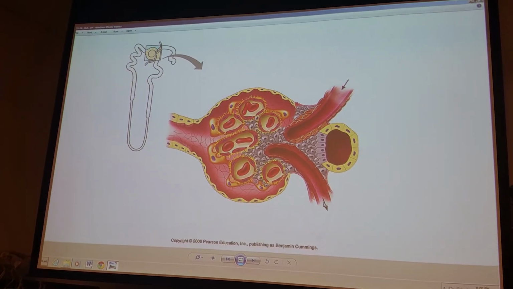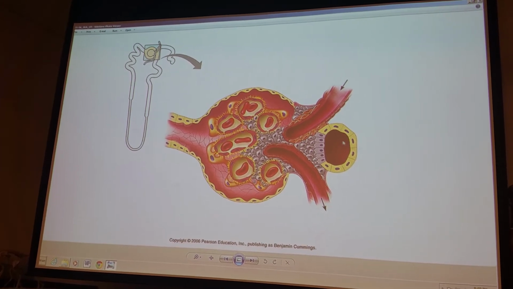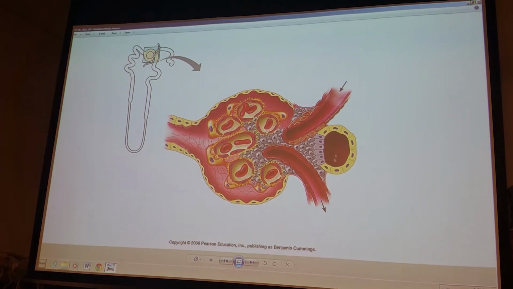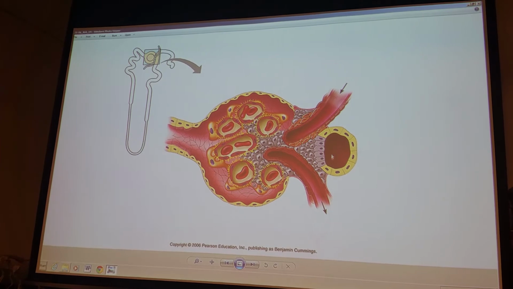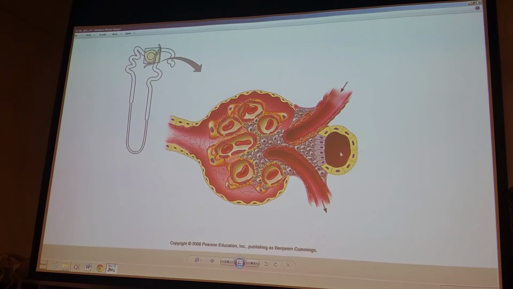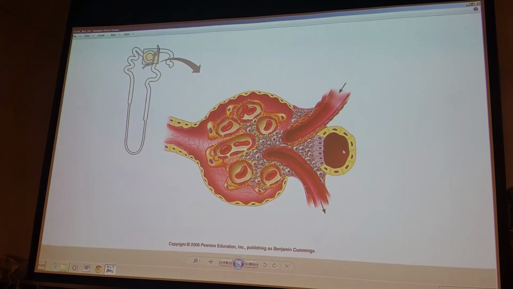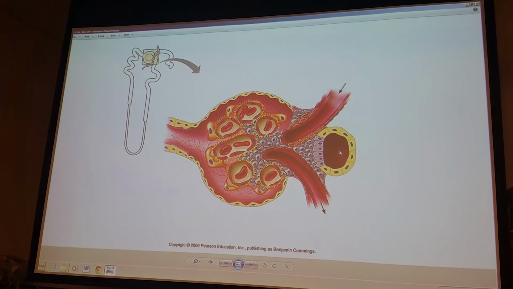So, what is the structure here? This is actually the very end of the ascending loop of Henle. And then it becomes the distal convoluted tubule after this, right? This has some special cells.